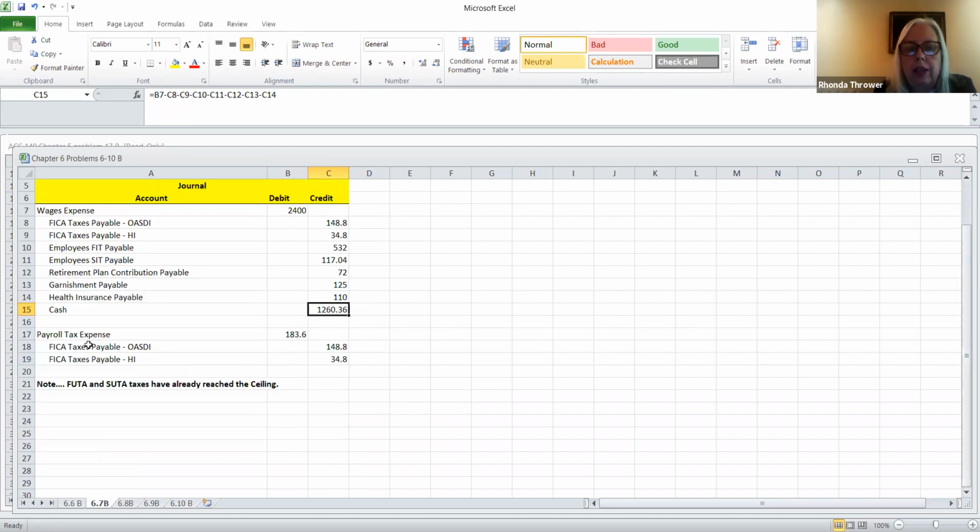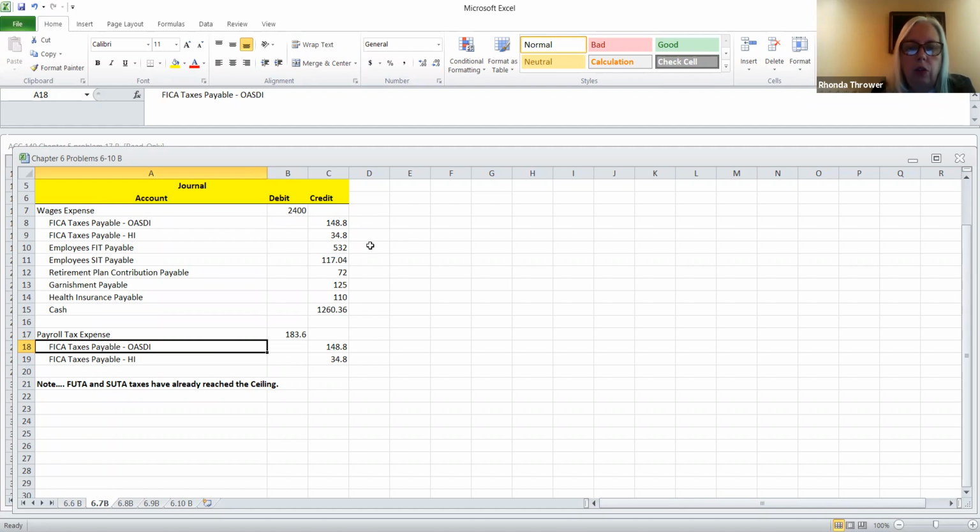So when you're doing the employer's journal entry right here, which starts with the payroll tax expense, you'll notice there's no place for FUTA and SUTA, because the FUTA and SUTA taxes have already reached their ceiling. In this particular pay period, we would not withhold anything else for FUTA and SUTA. But we do have to match what was taken out of the employee's pay for FICA.